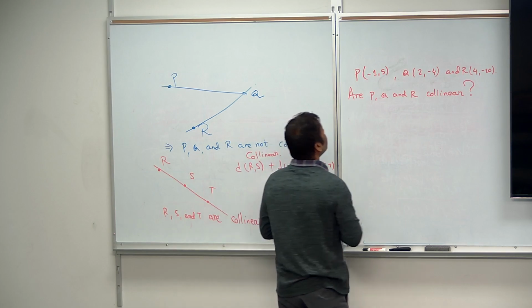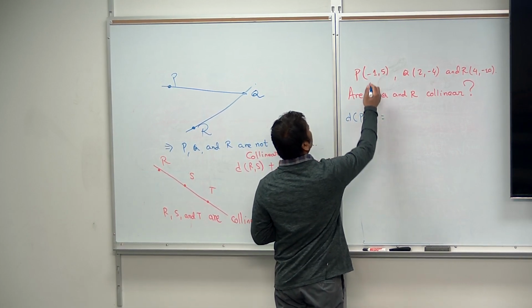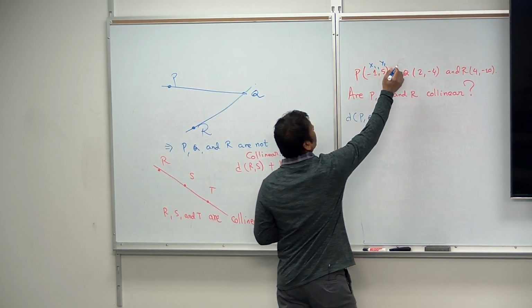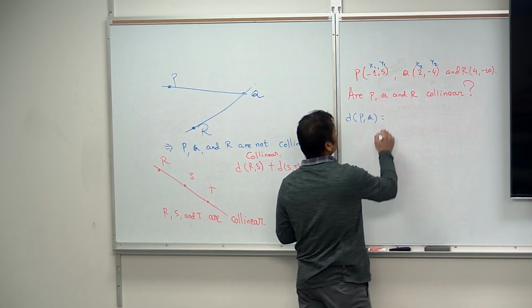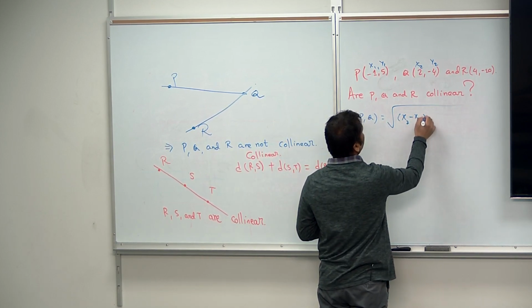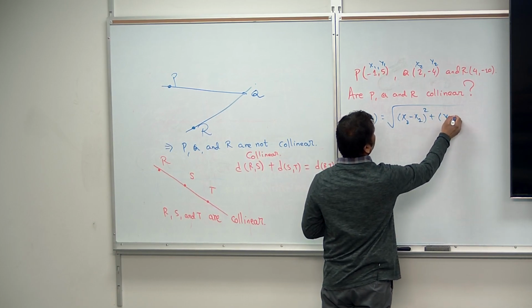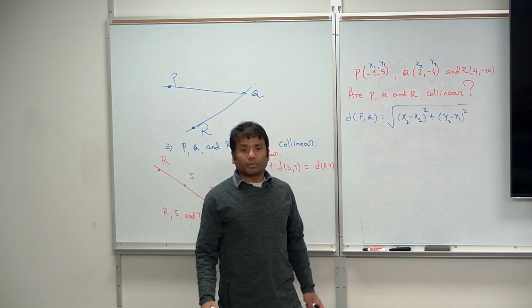So let me find distance PQ, okay guys? Let's say this is your x1, y1, this is your x2, y2, and you know the distance formula: radical of x2 minus x1 square plus y2 minus y1 square, right?